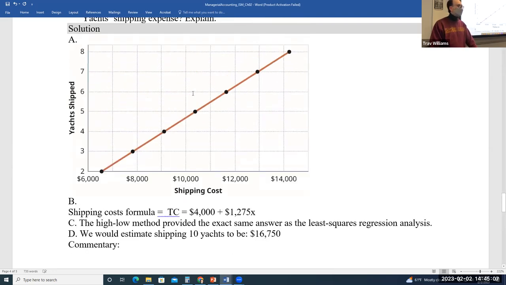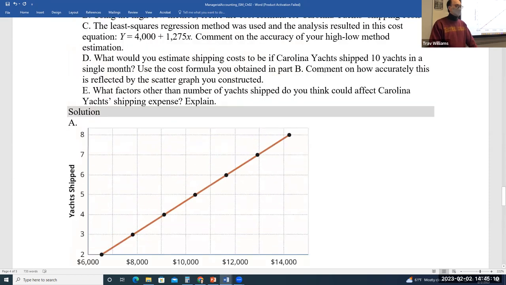Commentary. Okay, what are we commenting on here? Comment on how accurately this is reflected by the scatter graph. Okay, so 10 yachts would be somewhere like up here, right? We have 7, 8, 9, 10 would be around here. And if we followed that line over, this diagonal line, it would take us around there, and that's probably around 16,750, right?